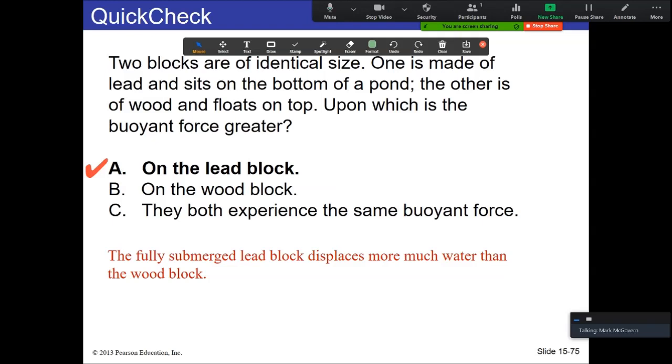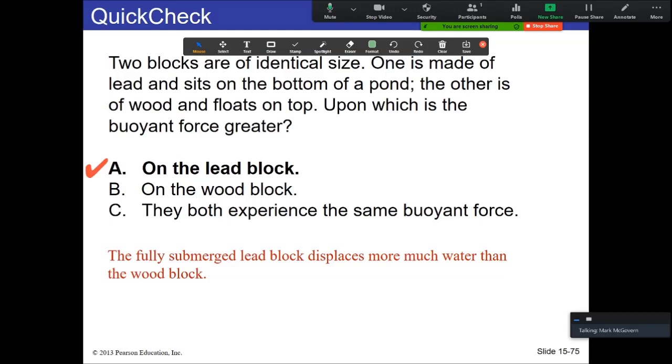Why? Because if you look at the buoyant force equation, there's a V_f in it, the volume of the fluid, and that's the volume of the fluid that is displaced. The lead block displaces its full volume in fluid, whereas the wood only displaces some of its volume in fluid.